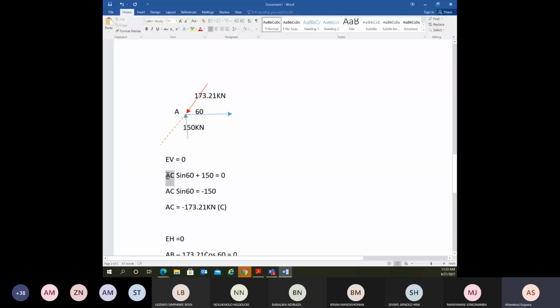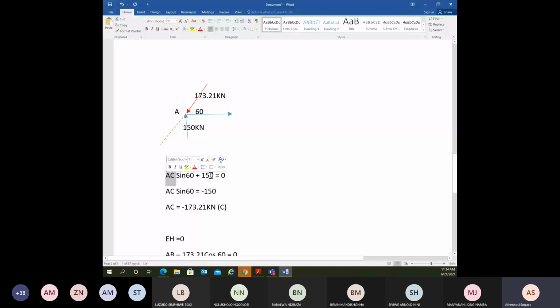That's the sine rule, and for the vertical you take the side opposite, the hypotenuse times sine 60. So the sum of verticals is equal to 0, with AC sine 60 being the vertical. So I determine AC using this method, whereby the sum of the verticals is equal to 0.